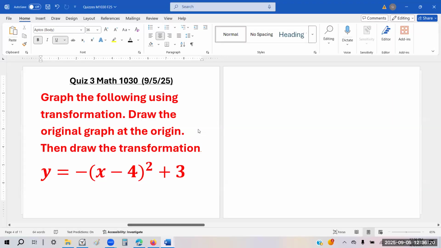So what's the shape of the graph? Parabola. So negative in the front, what does that mean?